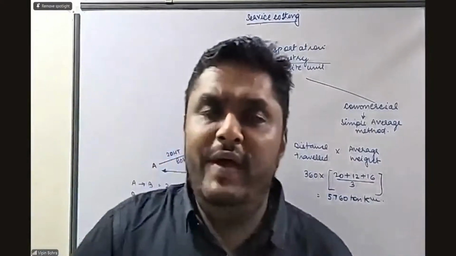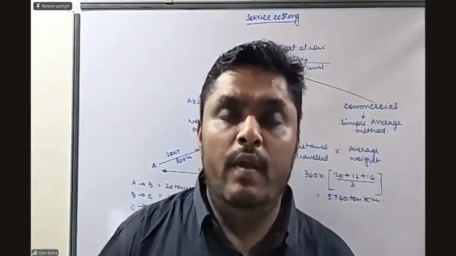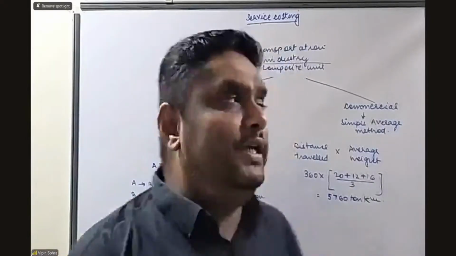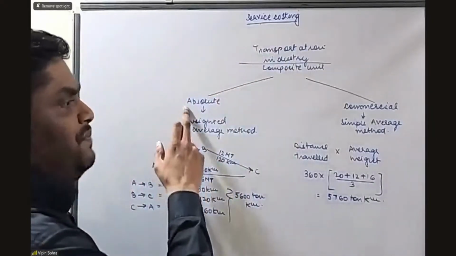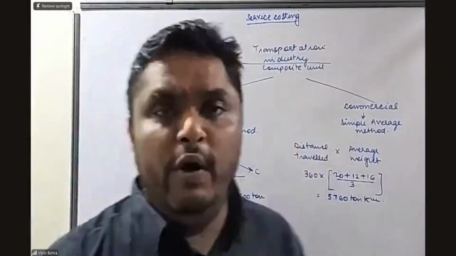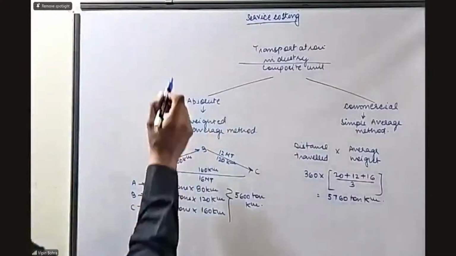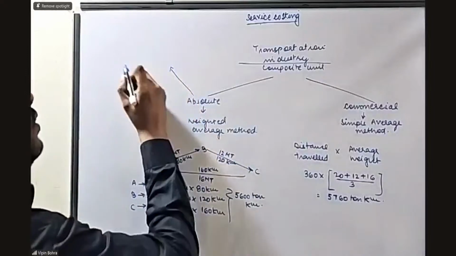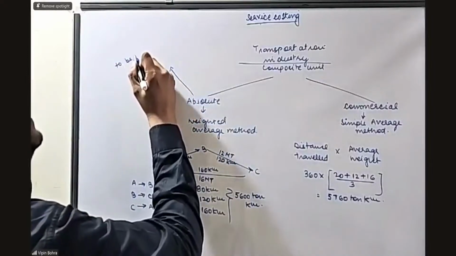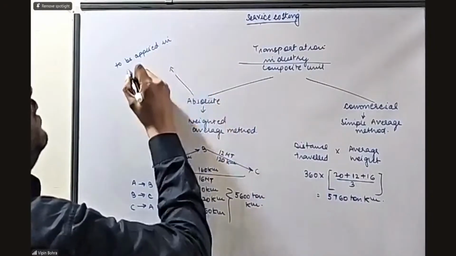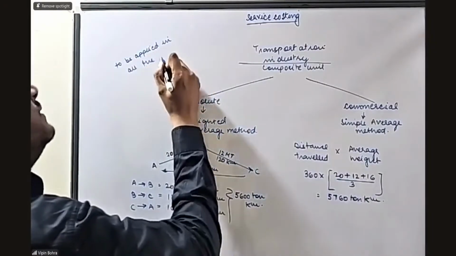Now, guys, very simple, very important. If the question is silent on how to calculate the composite unit, absolute or commercial, we have to follow the weighted average method, which is to be applied in all the cases.